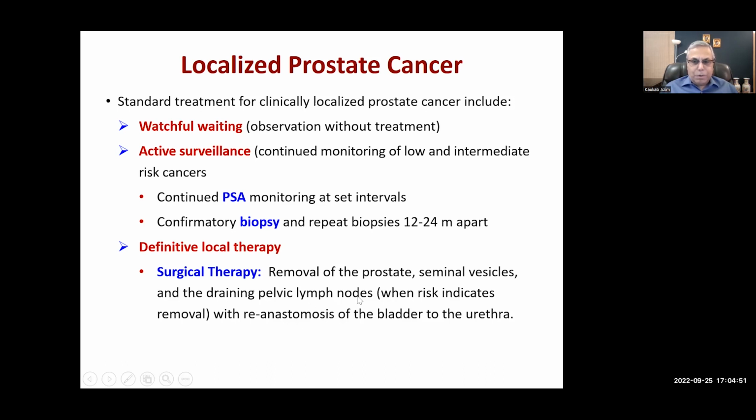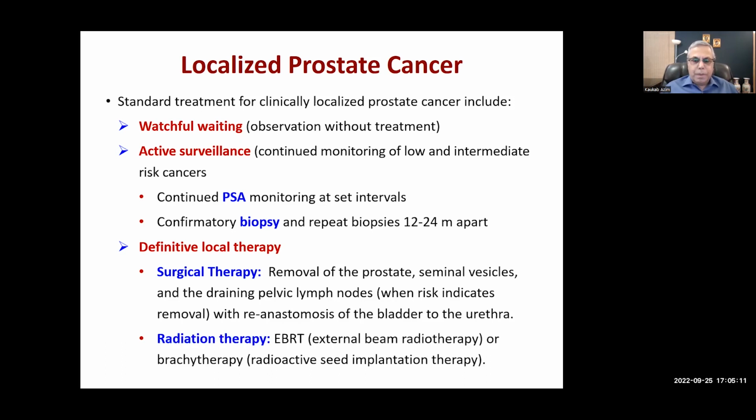Okay. And because you have removed the prostate gland, that means you have removed a part of the urethra through which the urine passes. So you have to re-anastomose or reattach the urethra to the bladder, okay? And how do we do that? The urologist knows that.